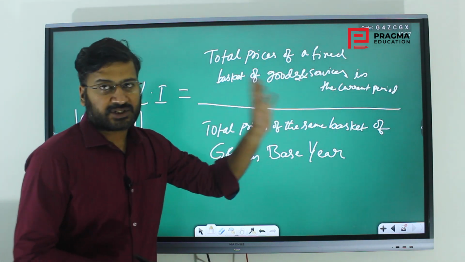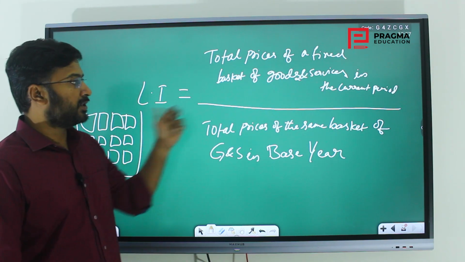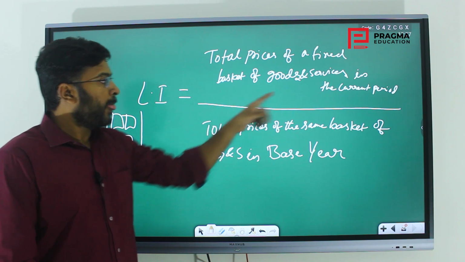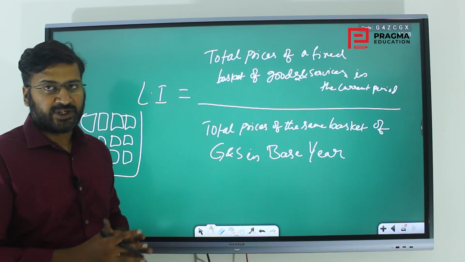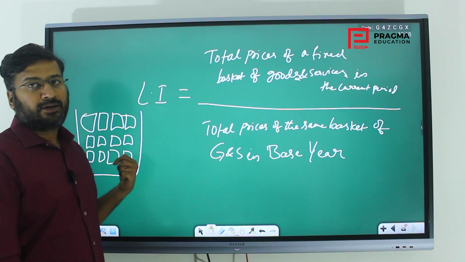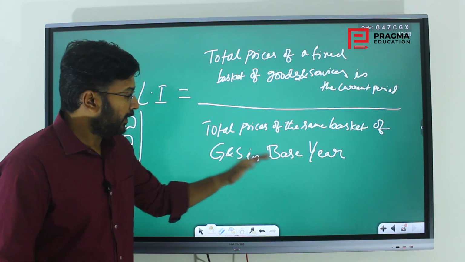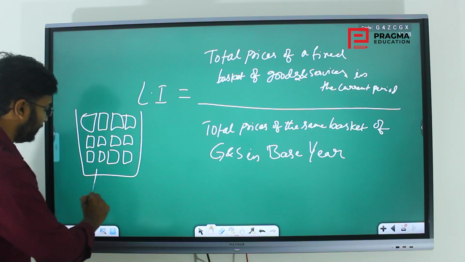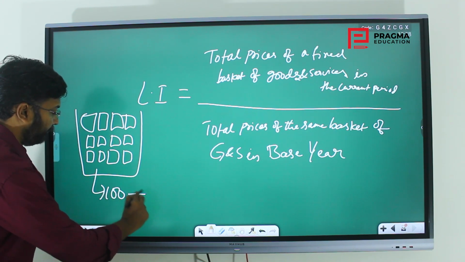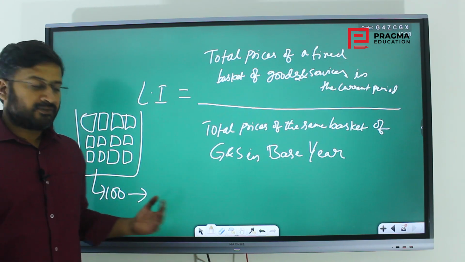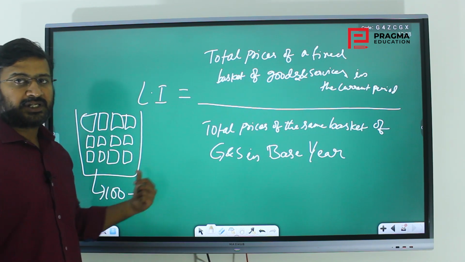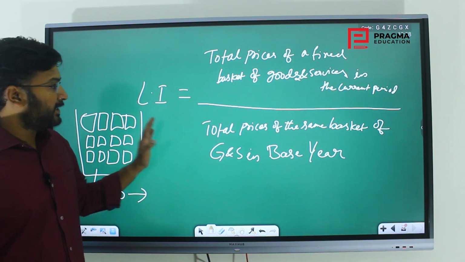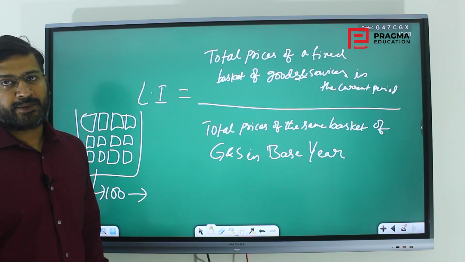The prices of such quantity and such goods and services, both goods and services, for the current period, meaning this month or this week, will be calculated against the same basket of prices in the base year. That base year will be treated as 100 and this will essentially emerge as a percentage increase over this. So this is the formula used to calculate CPI.